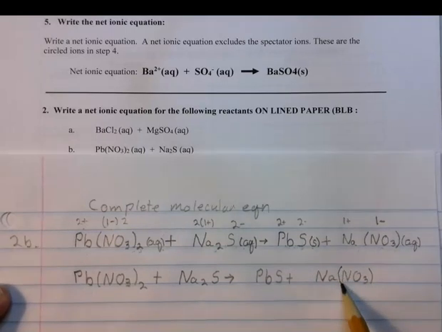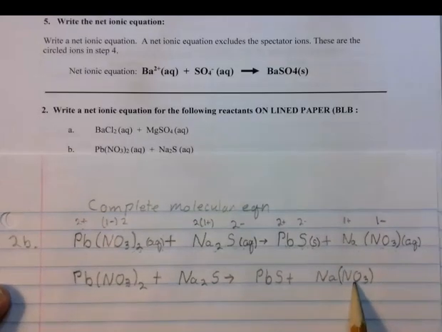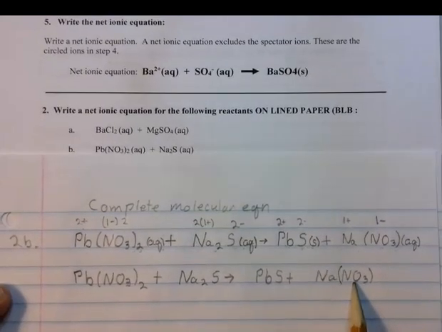Okay, I'll teach you a little trick. Whenever you have one of these covalently bonded ions like nitrate or sulfate or phosphate, you can almost treat it like an individual element. So when I come over here to balance, I'm going to write Na as one of my elements, Pb is one of my elements, sulfur is one of my elements, and I'm going to go ahead and just put down NO3 as one of my elements because it's not going to come apart.